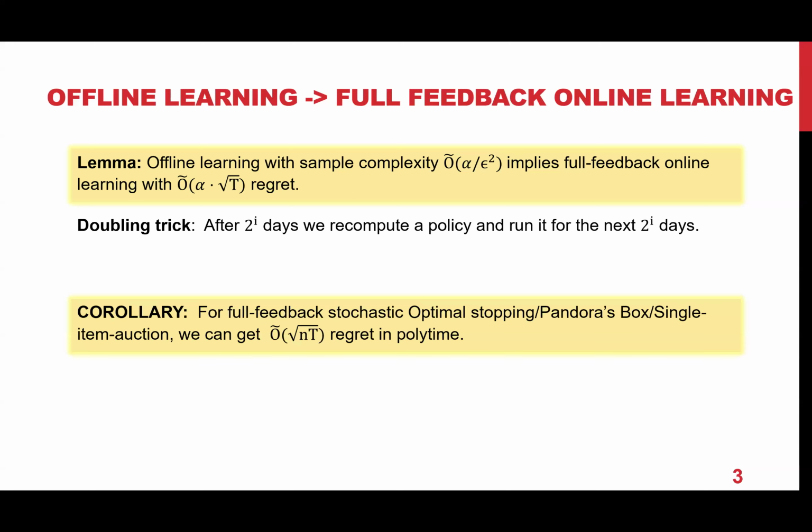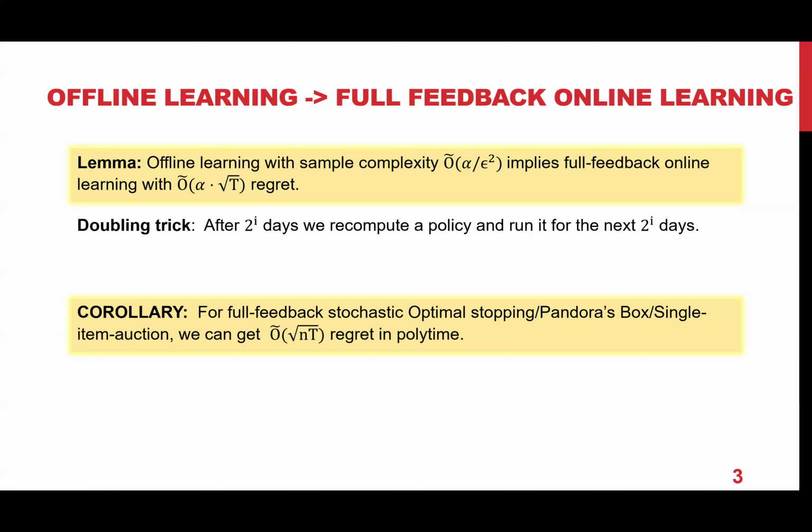Good. So the main takeaway here: we just saw in the last lecture that we can get something like n over epsilon squared sample complexity for all these stochastic monotone problems. So for offline learning, we can get n over epsilon squared sample complexity.